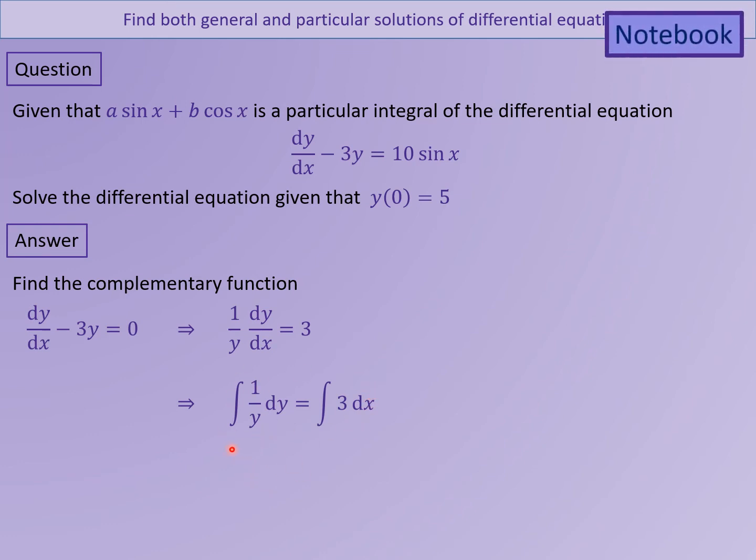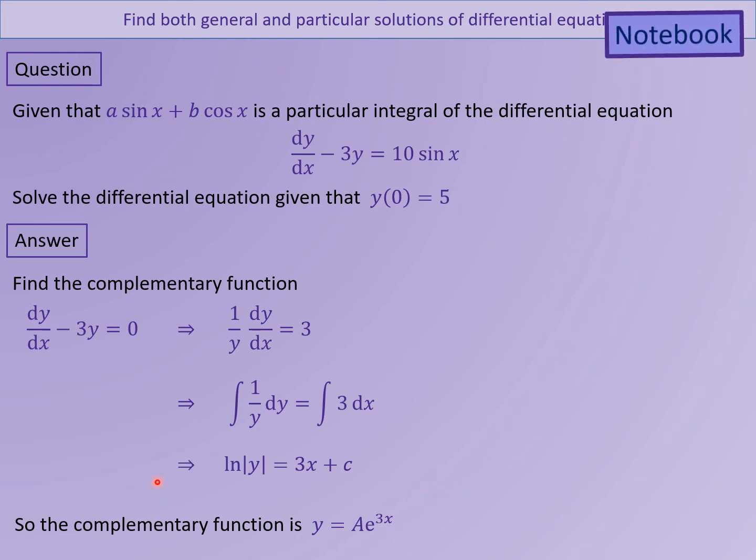I'm going to get 3x here, ln y there, plus c, rearrange, gets me A e to the 3x. It's quite common to get these exponential terms coming through because it's very similar to the integrating factor we discussed in previous lessons. So I've got my complementary function. That's fine. Let me put that to one side. That's ticked off. What I can do now is deal with the particular integral.